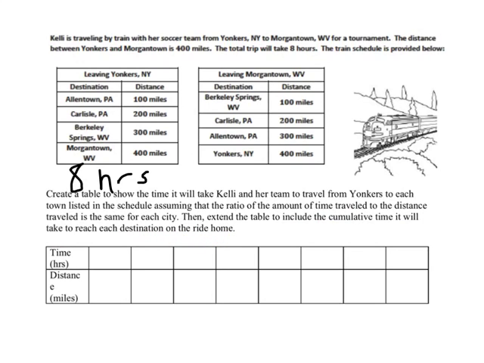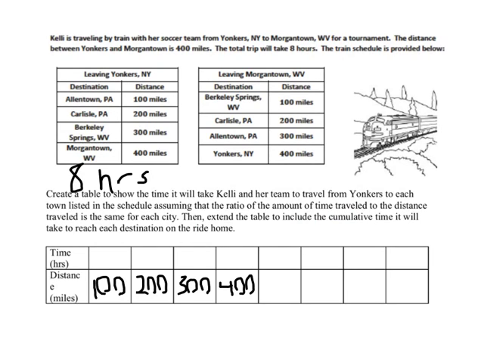First, based on the table above, what's the first distance we should put in to our table? That's right, we should put in 100. Go ahead and fill in the first 4 boxes with distance based on the table above.